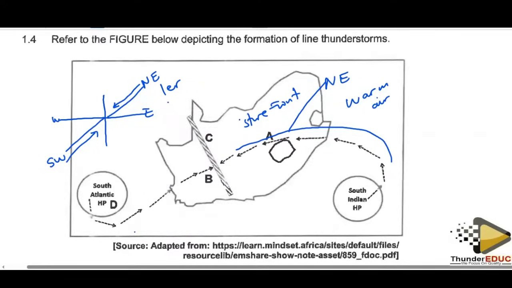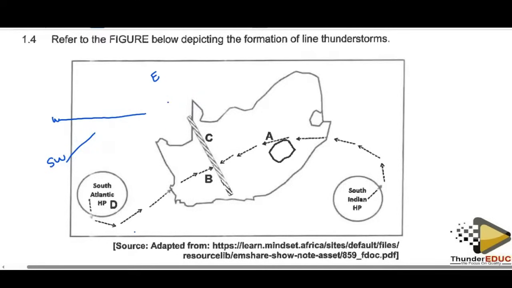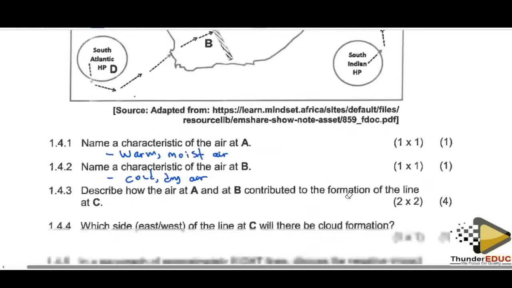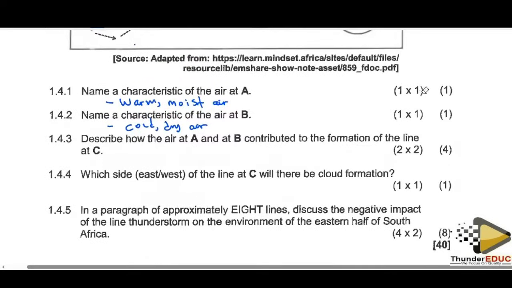Erase on this so that we can see. All right. So the question is asking, which side? Okay, question 1.4.4. Once again, it says, which side, east or west of the line at sea, will there be cloud cover?